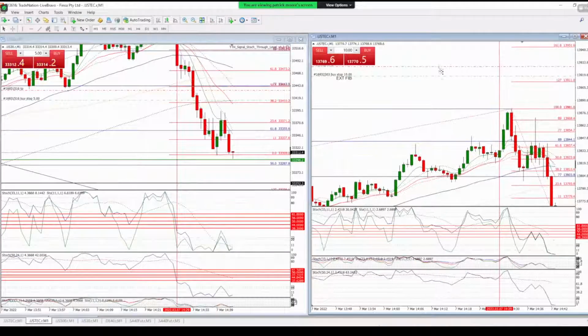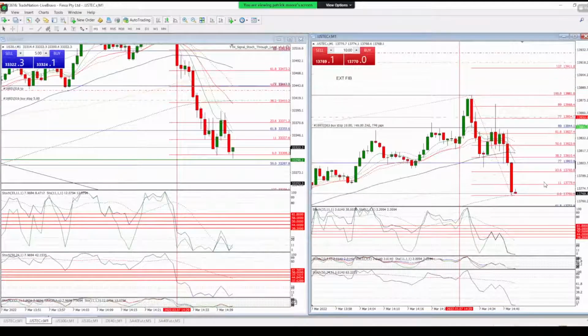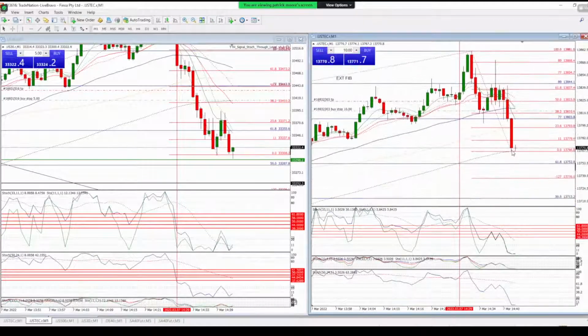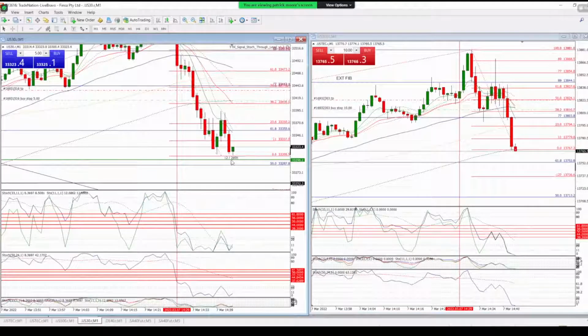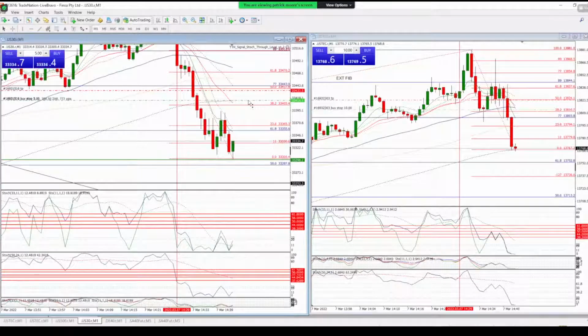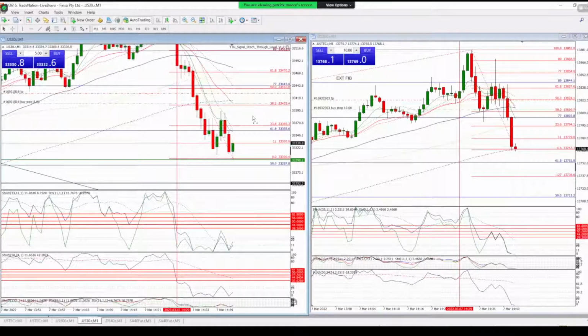I'm getting my buy stop in play on US tech, 38 to 50. Let's see if we get a retracement. That green line is opening price level of the day. We trail that extension fib and move that down a little bit.